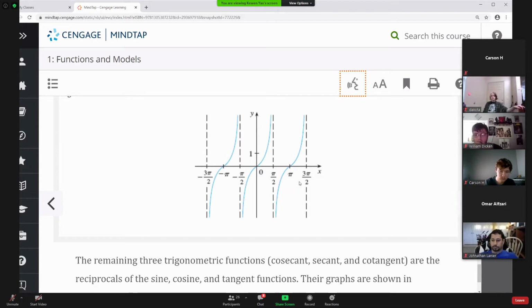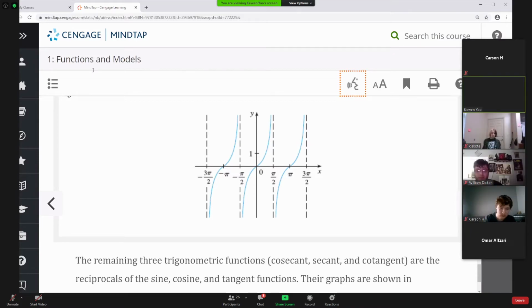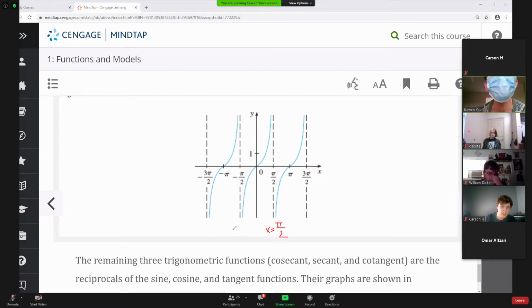This is the tangent function curve. You have a lot of vertical asymptotes. X equal to pi half is a vertical asymptote, and this is another one, x equal to negative pi half.